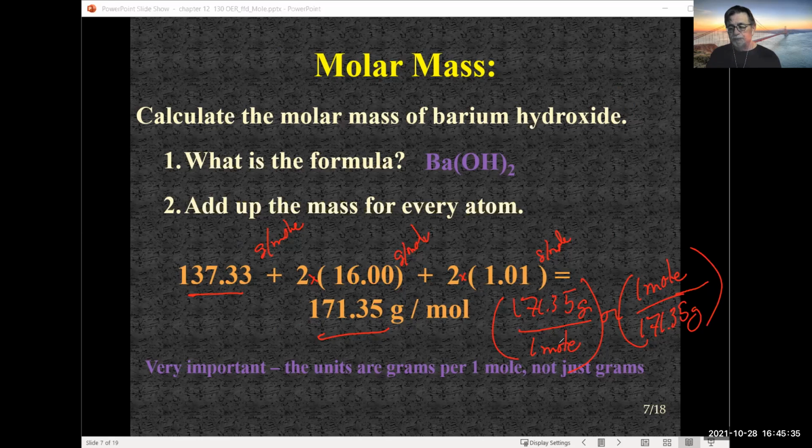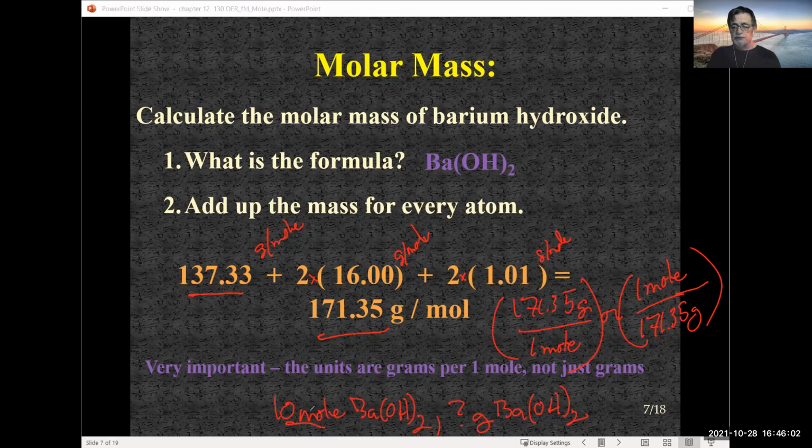But if we're ever asked, let's say you have 10 moles of barium hydroxide, the question would be, well, how many grams of barium hydroxide do I have? Okay, so we're given moles, we want grams, so moles are going to have to be in the denominator.